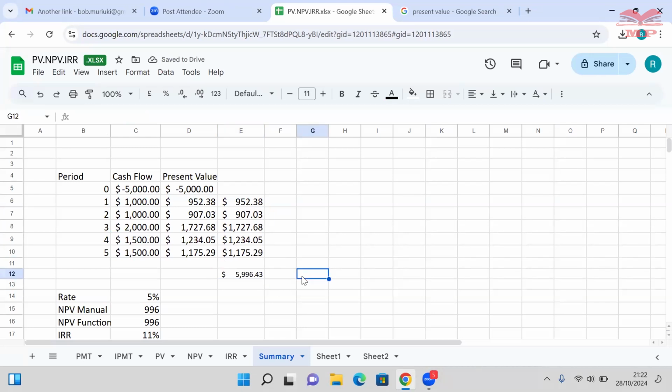I can get that directly by using the NPV function. So NPV, start with the rate like we said, then highlight all this, then add the initial investment. You should get the same answer. That's why we are saying the net present value is a sum of all present values for that whole period.